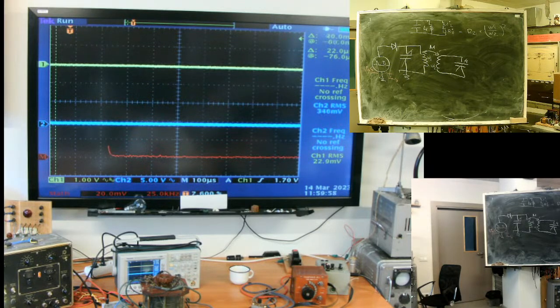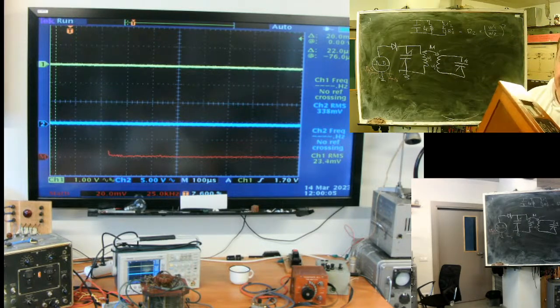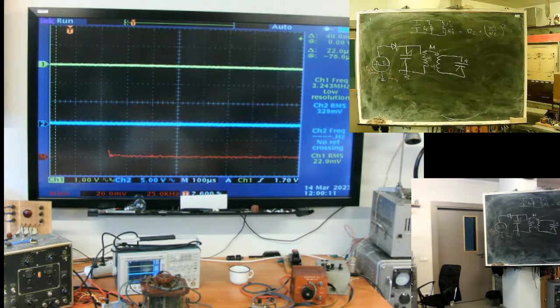It's a heavy object. Variable self and mutual inductor. It's a system of a coil between coils.